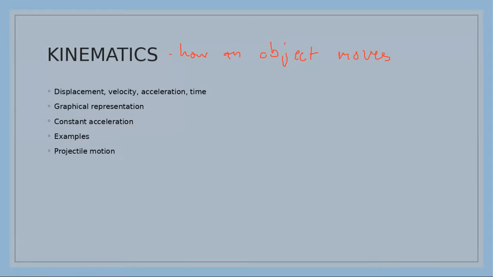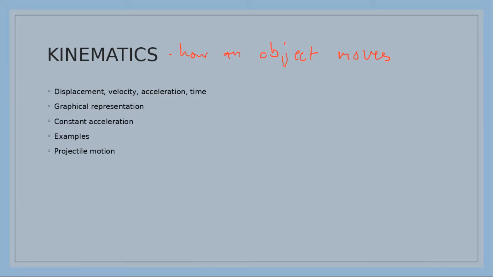All right. Cool. So basically, I kind of just want to go over the basic words we use to describe how an object moves. And those words are basically words like displacement, position, velocity, acceleration, and time.